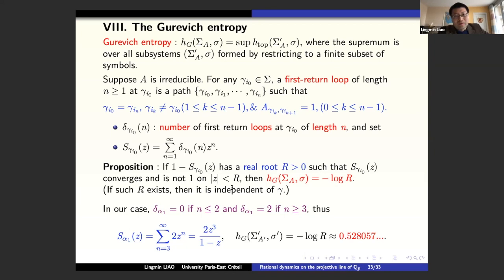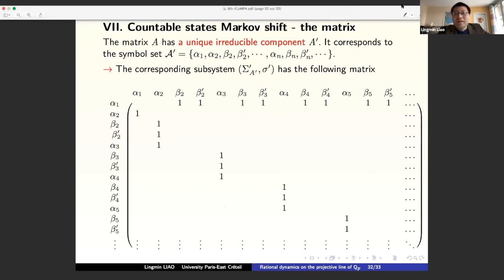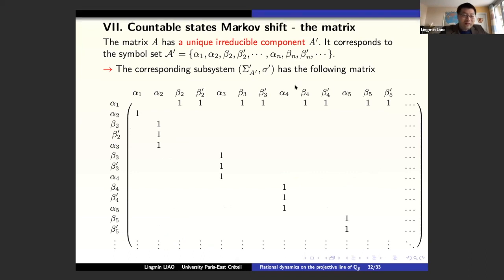For example, how to count this entropy. In fact, I use alpha 1. So alpha 1 goes to beta 1, beta 2. Beta 2 will go to alpha 1, alpha 2, and alpha 2 will go back to alpha 1. This is one. And also another: alpha 1 goes to beta 2 prime, beta 2 prime goes to alpha 2, alpha 2 goes back to alpha 1.